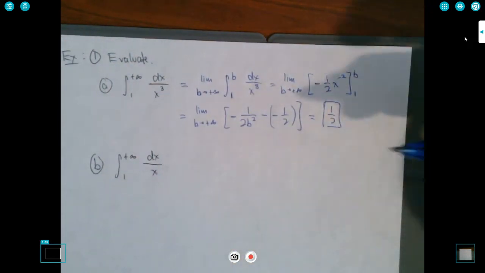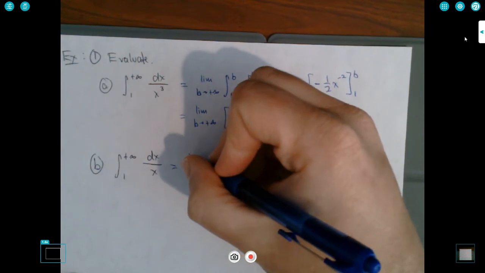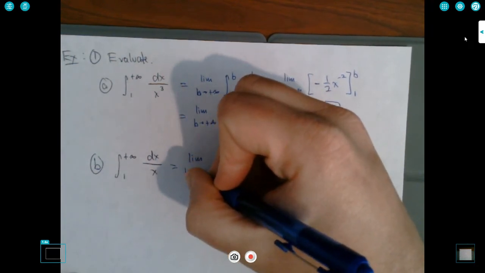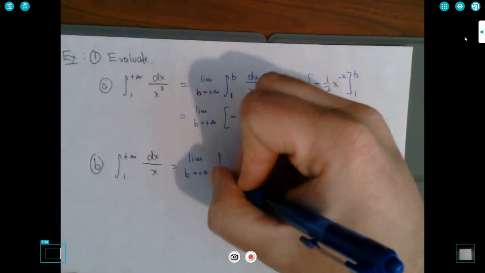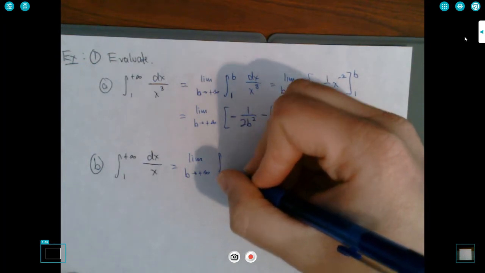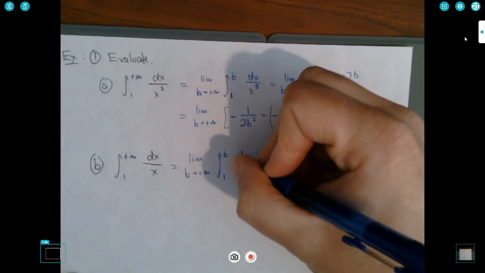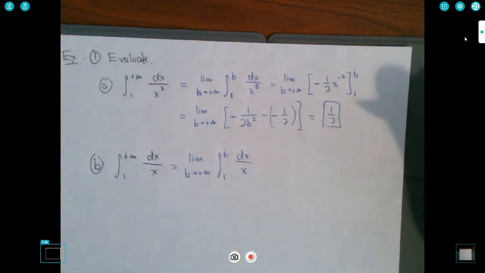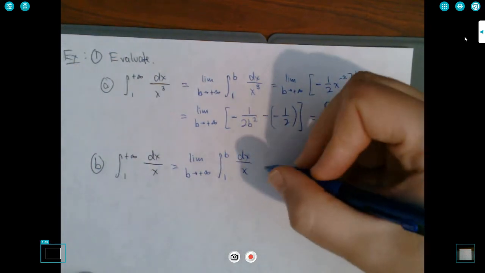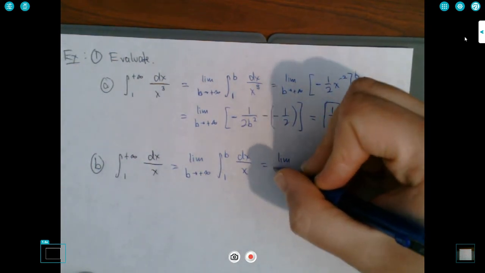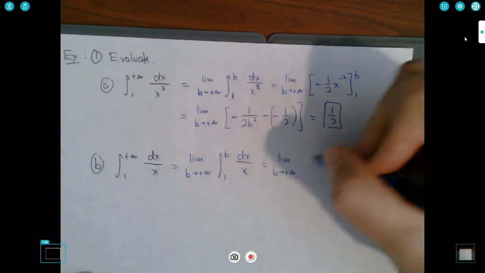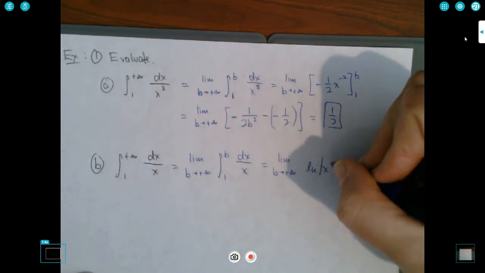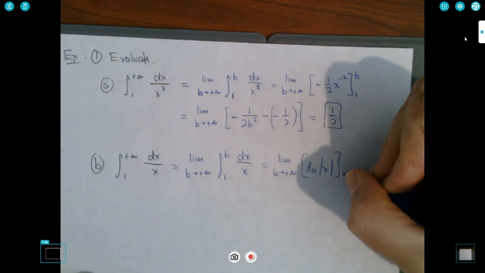Again, we're going to fix this up the same way. We'll take the limit as b goes to positive infinity of the integral from 1 to b of dx over x. That's going to be the limit as b goes to positive infinity of ln of absolute value of x evaluated from 1 to b.